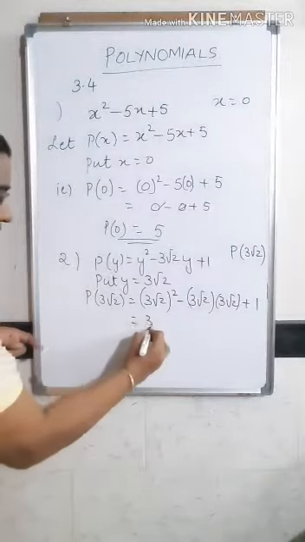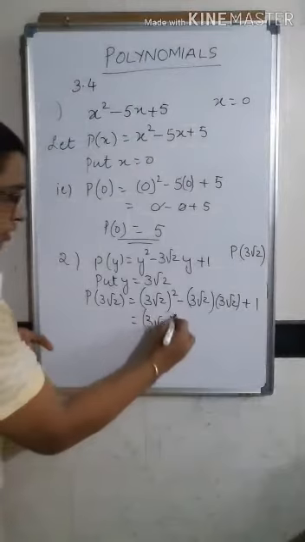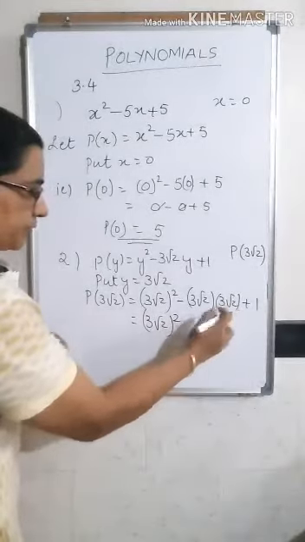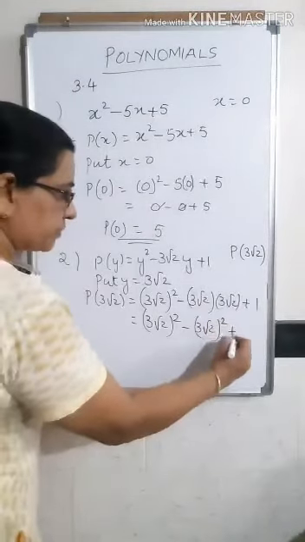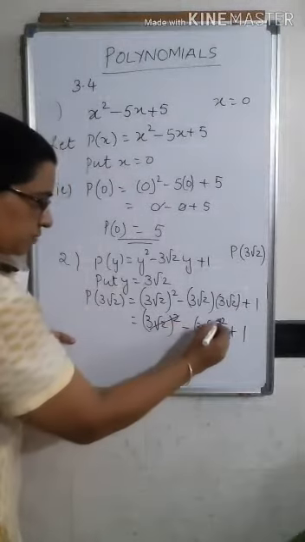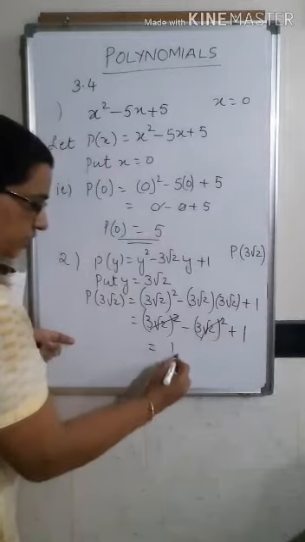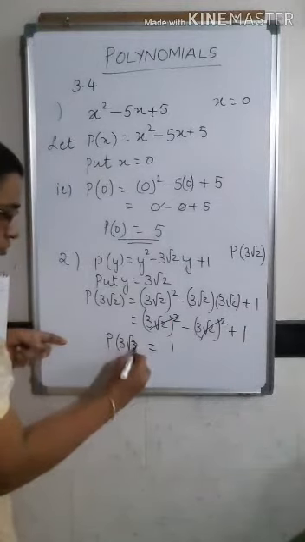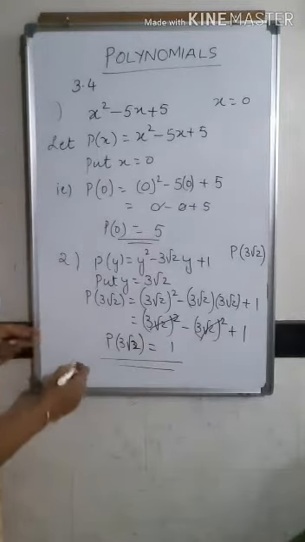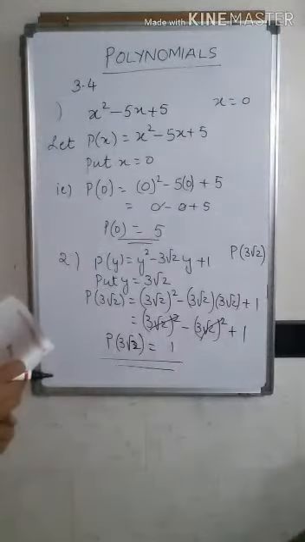Now this is 3 root 2 whole square, and this is the same term repeated twice, which can be written as 3 root 2 whole square, plus 1. So this plus and minus get cancelled, and you get the value of the polynomial p of 3 root 2 is equal to 1. This is how you find the value of the polynomial.